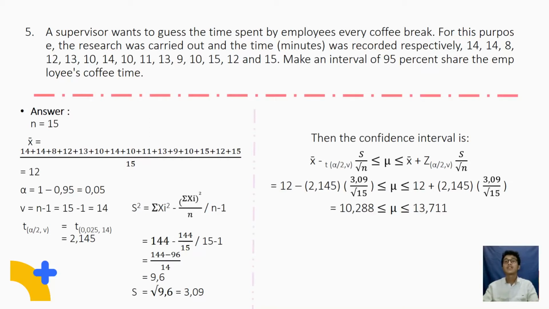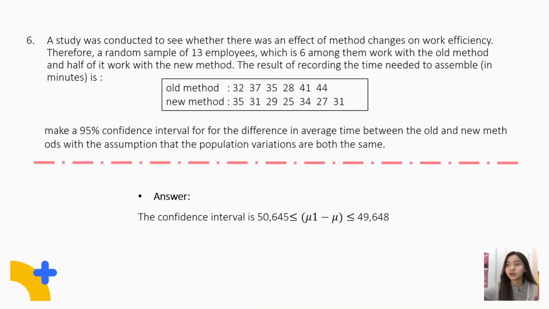Then the confidence interval is 10.288 is less than or equal to mu is less than or equal to 13.711. Number 6.